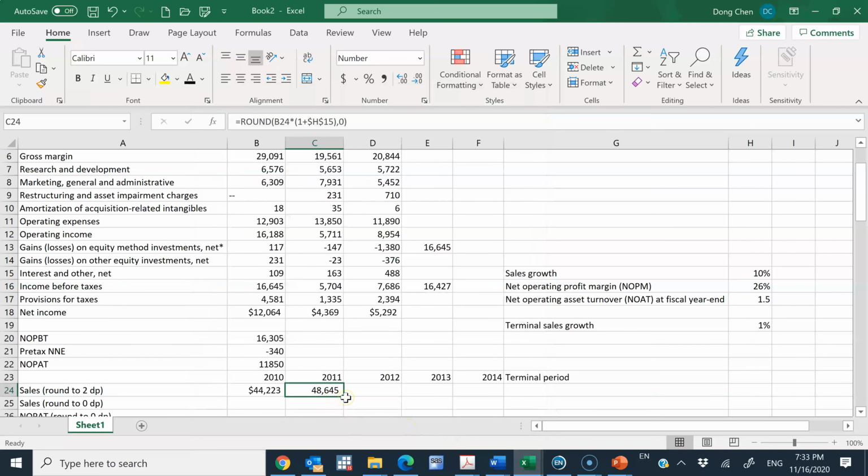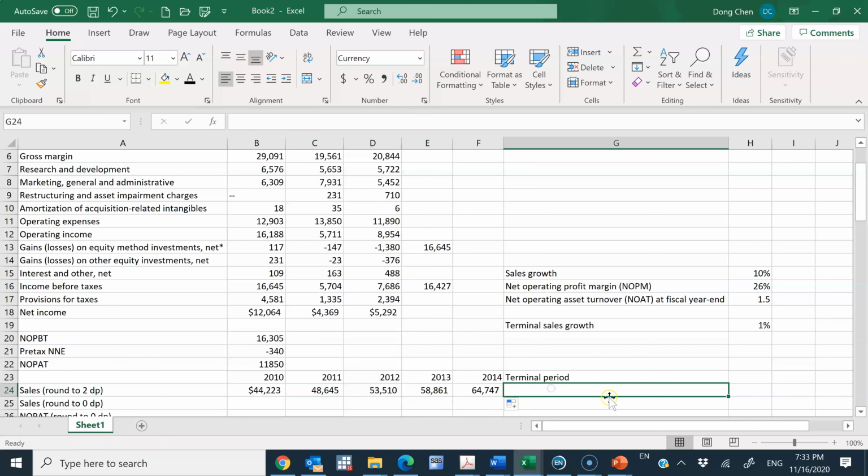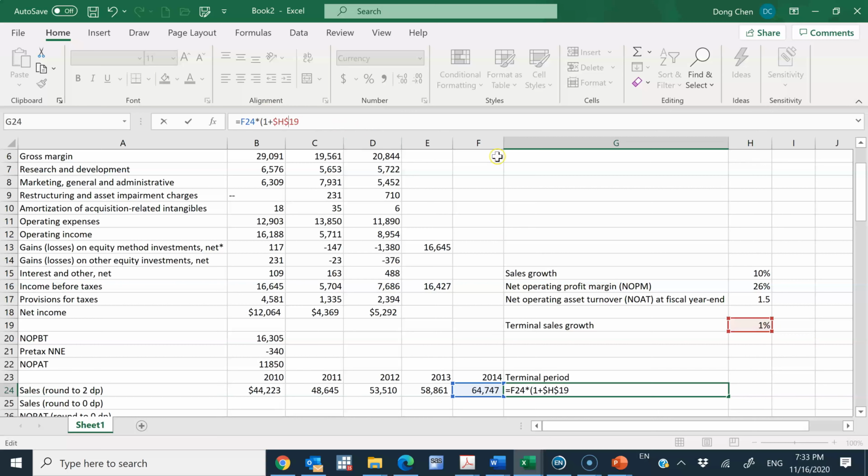All right, so now if I simply drag the formula to the other years, the other years' numbers will automatically populate. And then the terminal period basically is simply the last horizon period sales times 1 plus this terminal sales growth rate. Again, I want to fix this, even though this may not be required, but just as a habit.